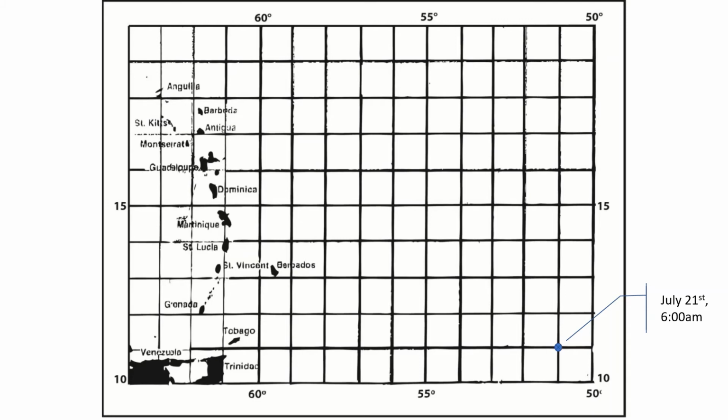The points represent the center or the eye of the hurricane, and the wind of the hurricane reaches as far as 100 kilometers in all directions. A circle that has a radius of 100 kilometers would best represent our hurricane, but of course we cannot draw a 100-kilometer radius circle on our map, so we use a scale where 1 centimeter represents 100 kilometers.